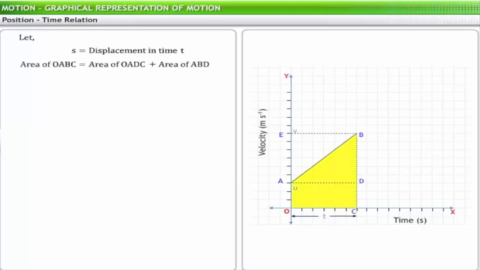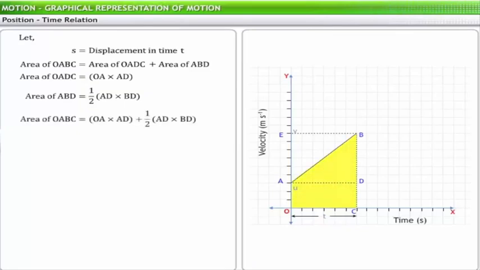The area of OABC is the sum of the areas of rectangle OADC and triangle ABD. Area of a rectangle is product of its length and breadth, while the area of a triangle is half the product of its base and height. Area of OABC is equal to OA multiplied by AD plus half of AD multiplied by BD.